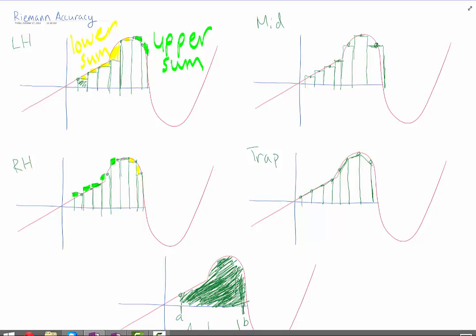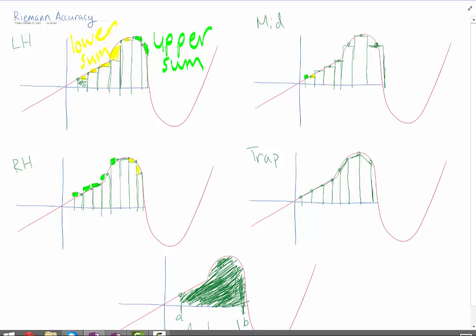The midpoint always does both. So the midpoint's actually more accurate, because with a left hand or a right hand, every single rectangle is going to be a little bit off by either under or over. What the midpoint does is half of each point will under approximate, and half of each point will have a little bit extra to over approximate.